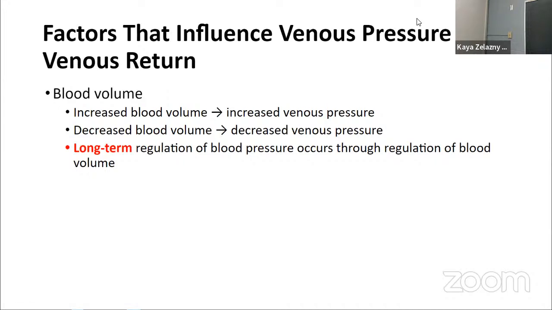So by changing how much fluid you're urinating, I hope you're not urinating blood, that fluid is coming from your blood initially. So by changing how much you lose through urination, you can overall change how much blood volume you have. Because if you keep that fluid inside, it stays in your blood. So we'll talk about that in our renal unit, but that's why that's tied in here.